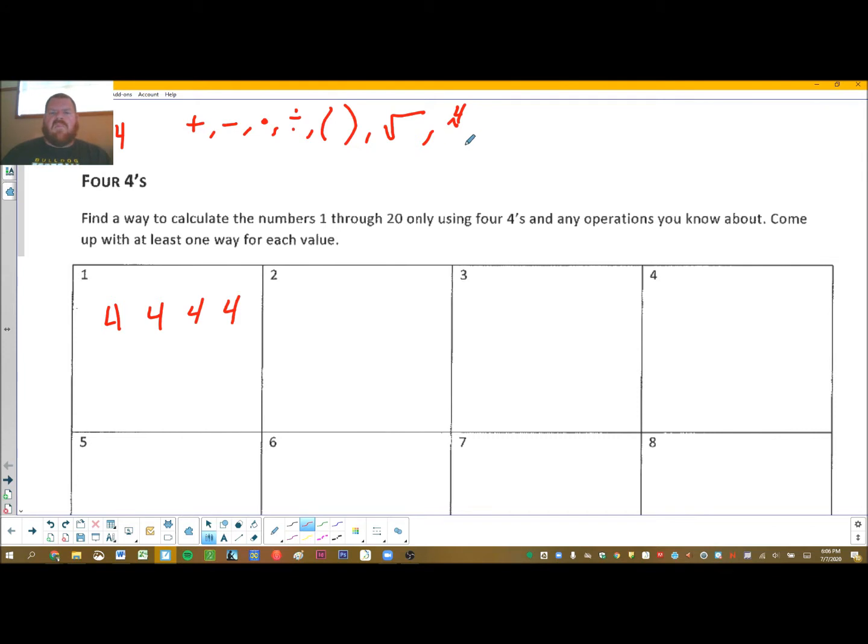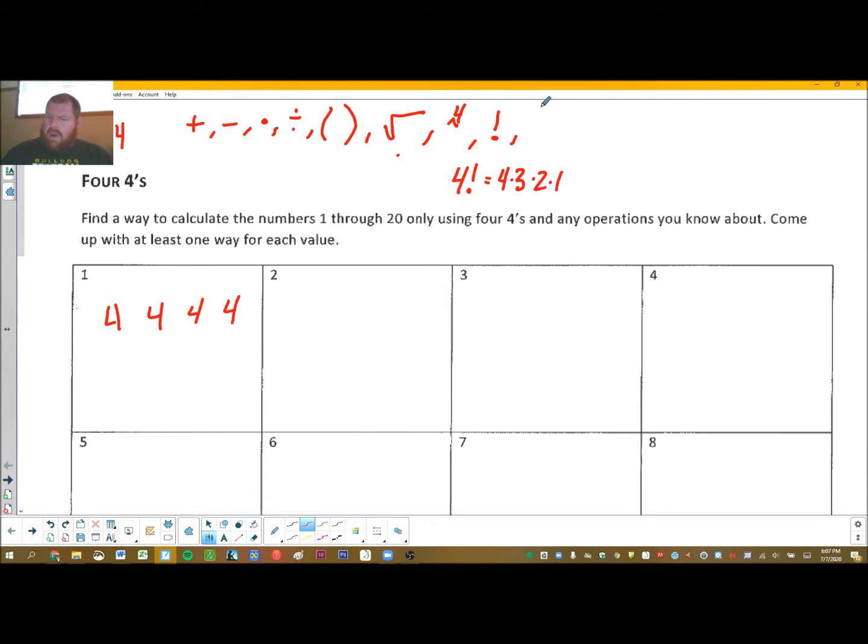Okay. We talked about factorial in class. Somebody brought that up as a way to get some of them. And what 4 factorial means is 4 times 3 times 2 times 1.